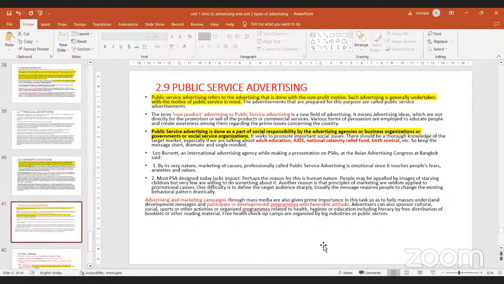So here, even the advertising and marketing campaigns which are launched through the media, even the media organizations themselves also launch.